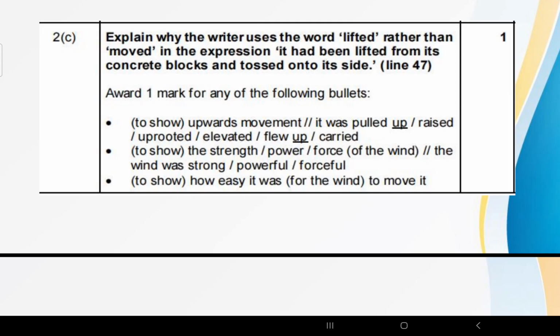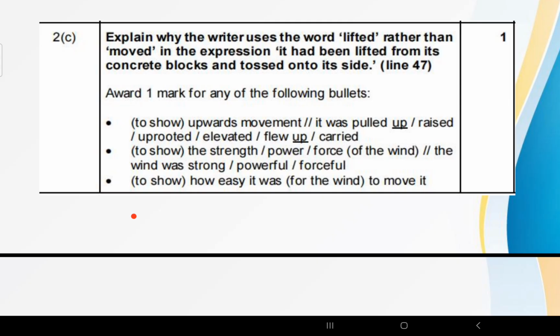One is that the writer is using the word lifted rather than moved because of the upward movement. The word lifted shows an upward movement. The trees were pulled up, uprooted, they flew up in the air, carried out of the ground. That shows that the wind was very strong.